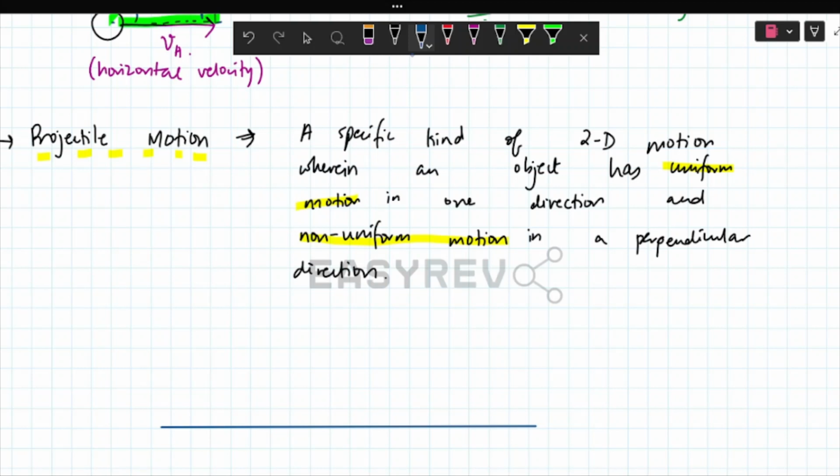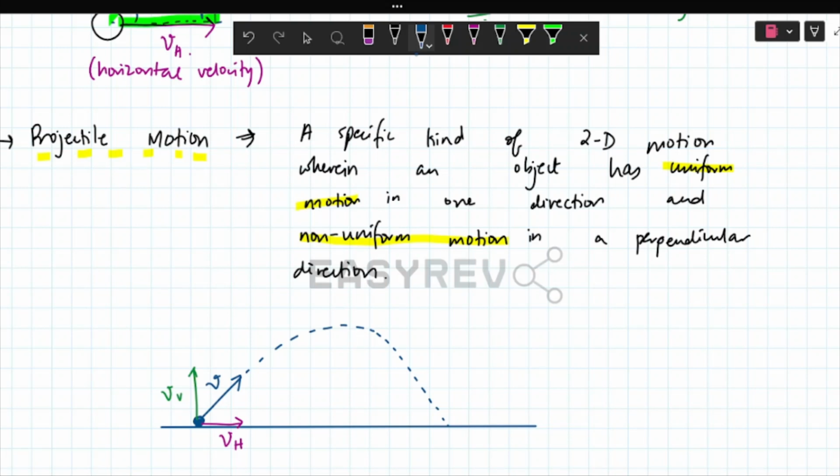Suppose you have, let's say, this ball that's being sent in this kind of a path, and let's say it's being launched with that tilted vector v, and we already know it has two perpendicular components, horizontal velocity vh and vertical velocity vv. The special thing about this path or this trajectory is that it has a shape that's very much like what we call a parabola, and therefore this shape in itself is also called a parabolic path.